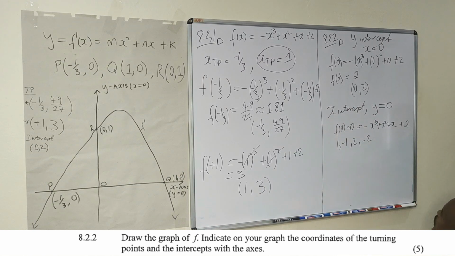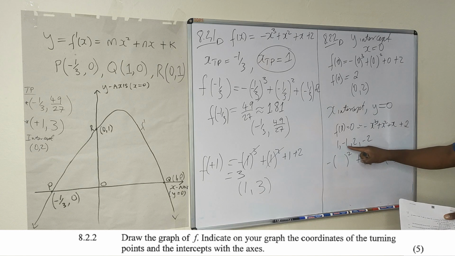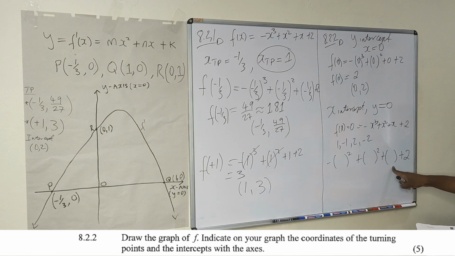So you have minus this cubed plus factor squared plus factor plus 2. You hope at least one of these 4 factors will work.